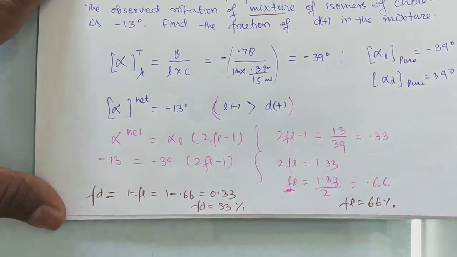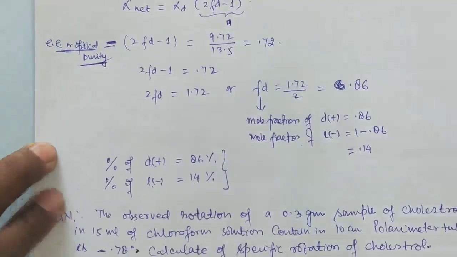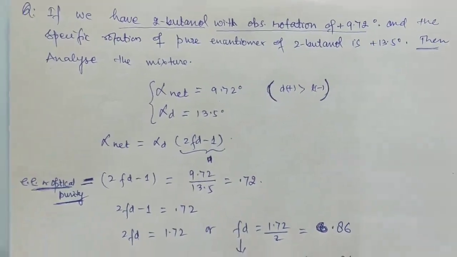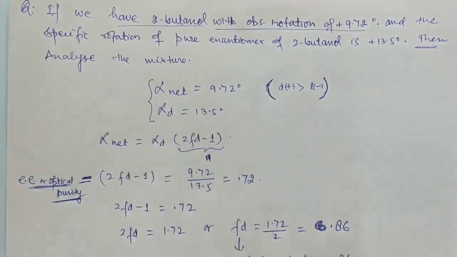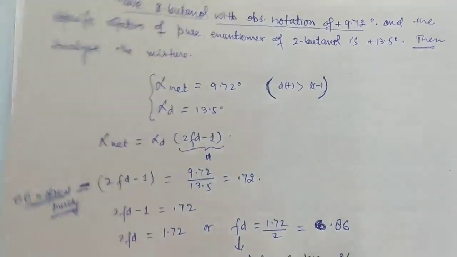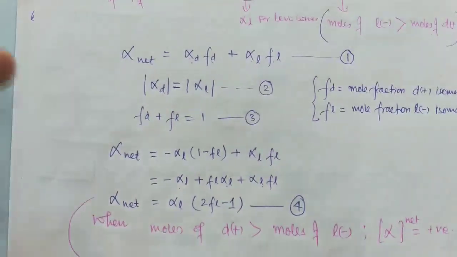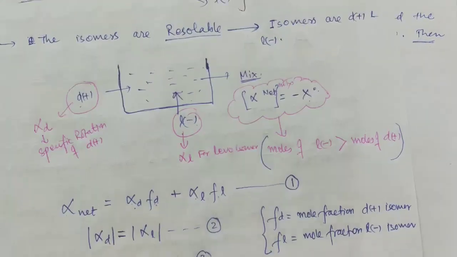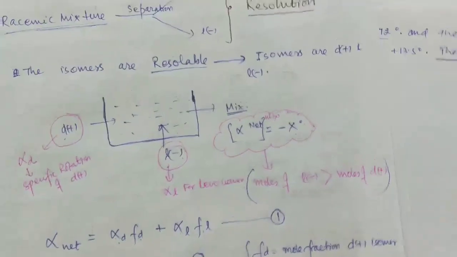In this way, you can identify which isomer is in excess, or how much percent of each is present in the mixture of D and L, if it is not a racemic mixture. If it is a racemic mixture, then no problem. The optical rotation is 0. Both are 50 and 50%. So this formula is very useful, and it is a very simple formula as well, right? So this is all about the analysis of optically active mixtures, right?